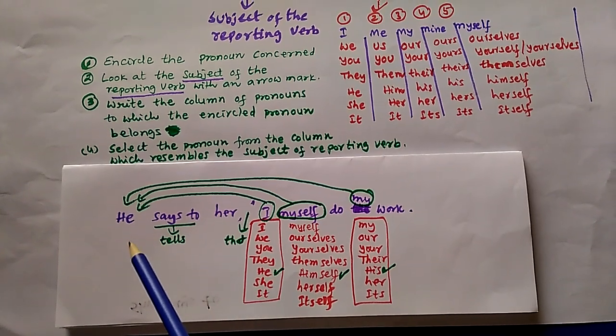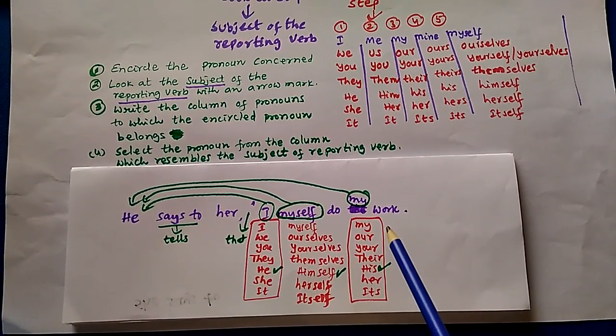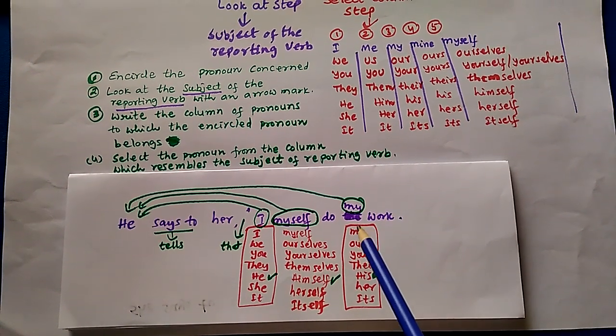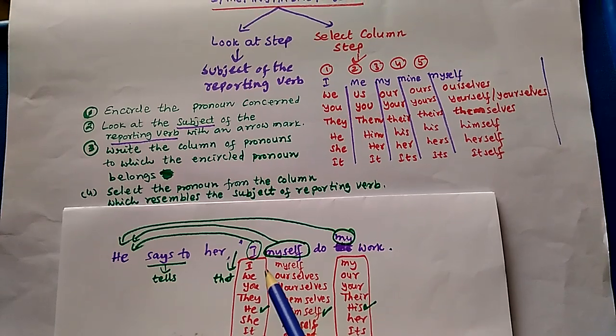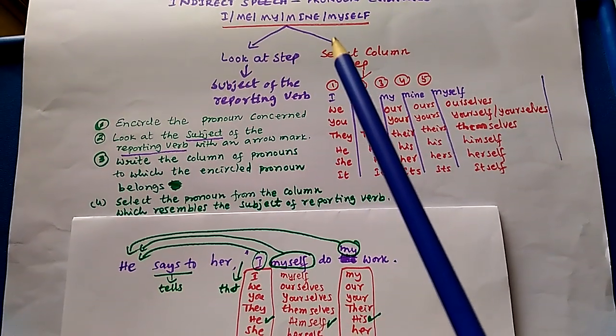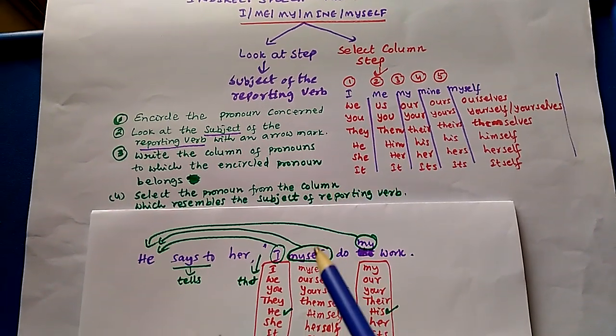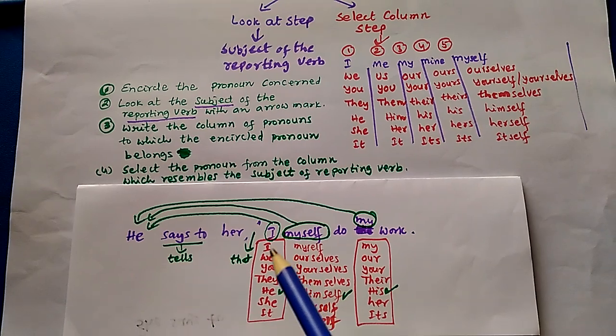And last example. He says to her, I myself do my work. This is the question and how to change the pronouns here. When the pronouns are related to the I family, that means I, me, my, mine, myself, how to change? The first rule is that we have to encircle the pronouns.